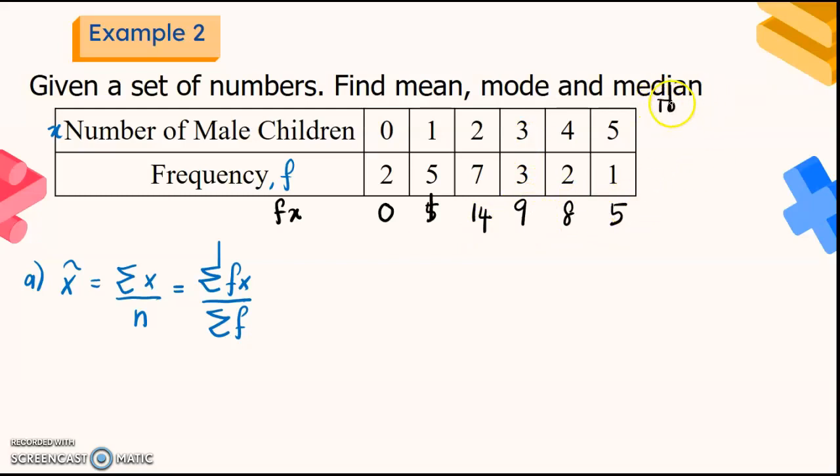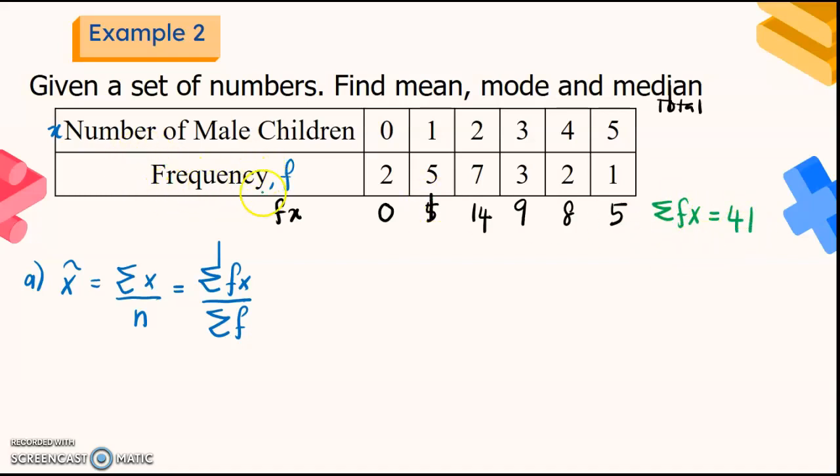So here will be the total. Summation of fx is 0 plus 5 plus 14 plus 9 plus 8 plus 5, so summation of fx equals 41.